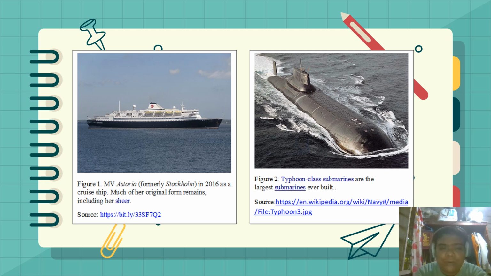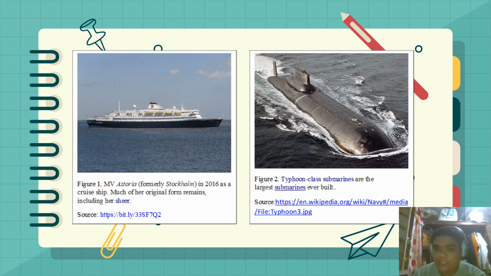We have now figure one, which shows MV Astoria, formerly Stockholm, in 2016 as a cruise ship. Much of her original form remains, including her sheer.